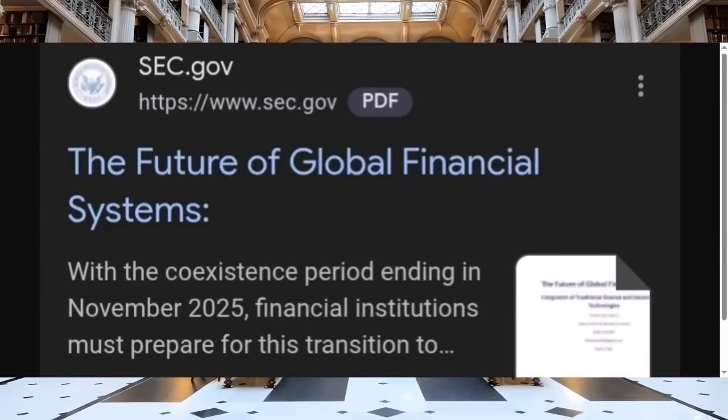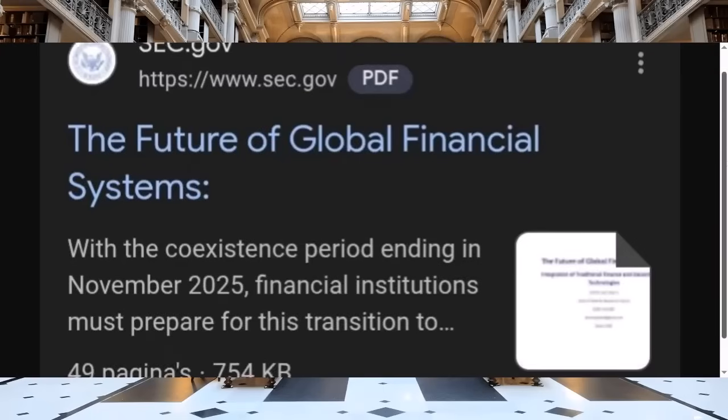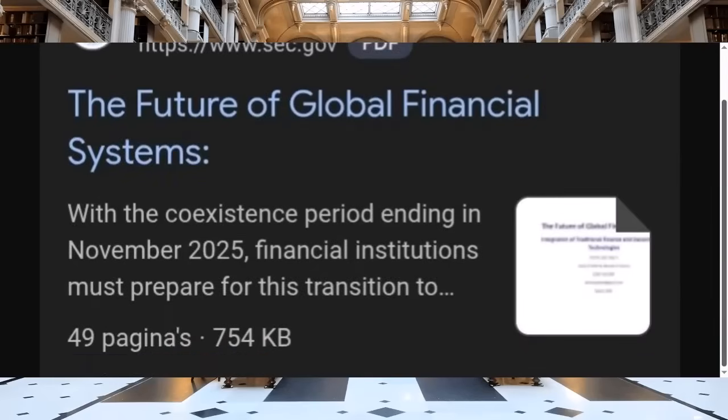Well, my God, Channing, my God. That's not blasphemy. I've never used the Lord's name in vain. But what do we see here, Channing? It's the same terminology and highlighted by the SEC. And look what it says. My goodness. The future of global financial systems with a coexistence period ending in November 2025.